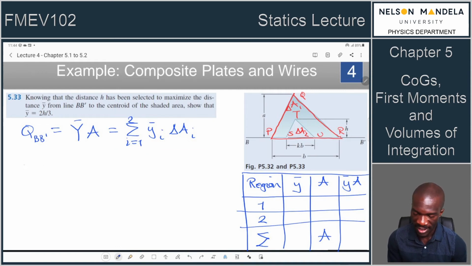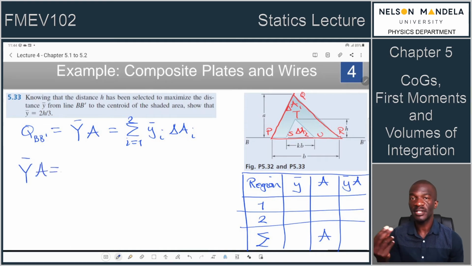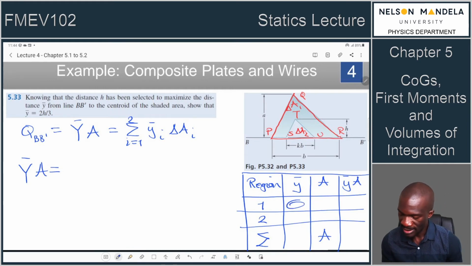So we want to find y bar A, so I will write y bar A being equal to, for the first triangle PQR, what is its y bar? Remember, it's region number 1, the big triangle PQR.